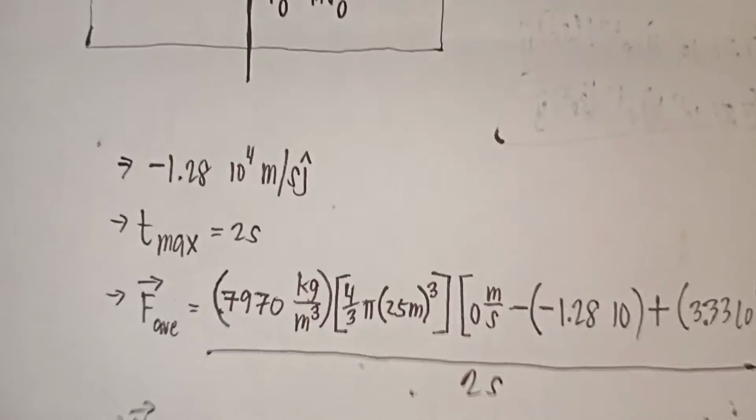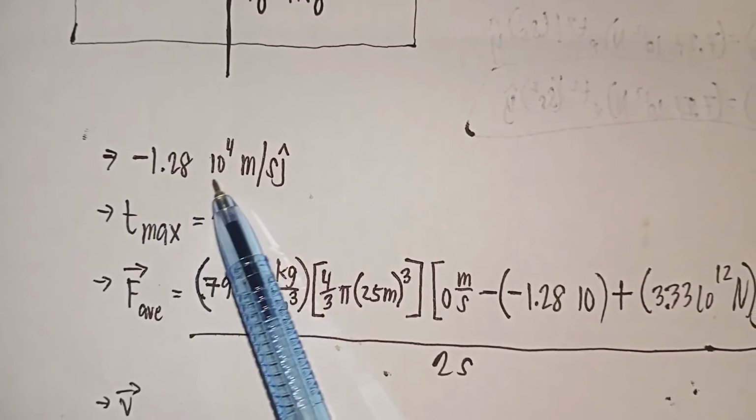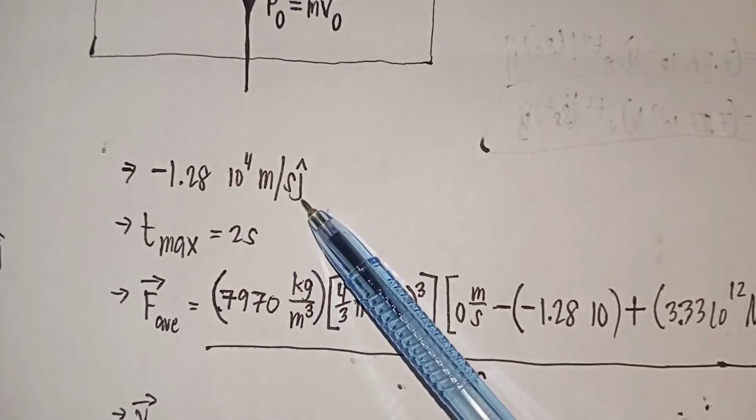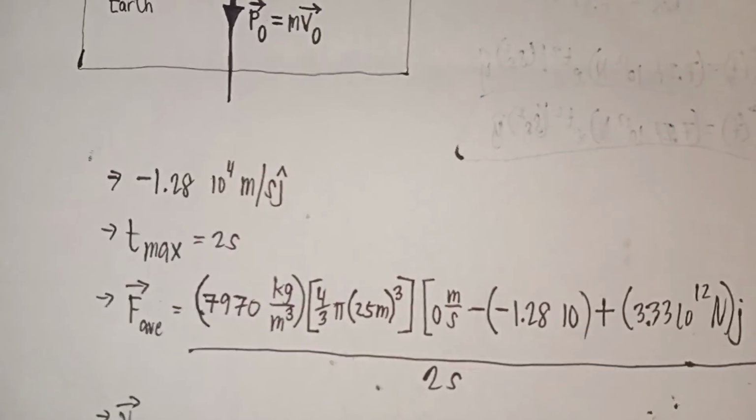The problem says the velocity at impact is equal to negative 1.28 times 10 to the power of 4 meters per second j. Its final velocity is 0.